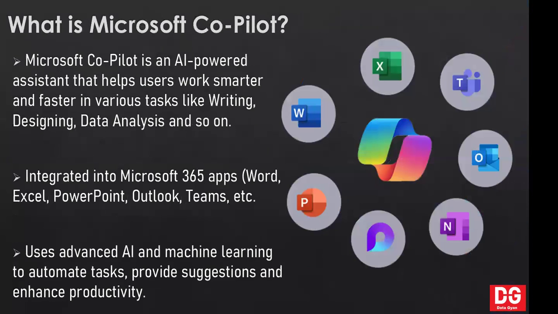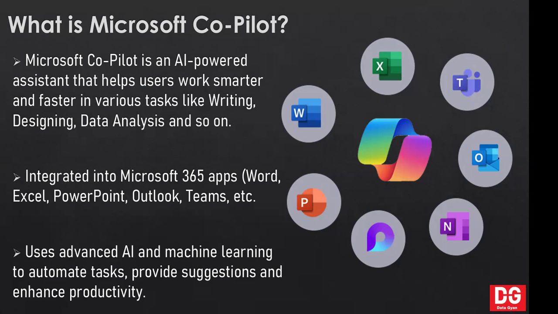So, what is Microsoft Copilot? As I already mentioned, it's an AI powered assistant integrated with Microsoft 365 apps, or let's say Microsoft apps like Word, Excel, PowerPoint, Outlook, Teams, and so on. There are so many apps that belong to Microsoft. It helps us write better, analyze data faster, design presentations effortlessly, and even automate our emails as well as collaborate faster.